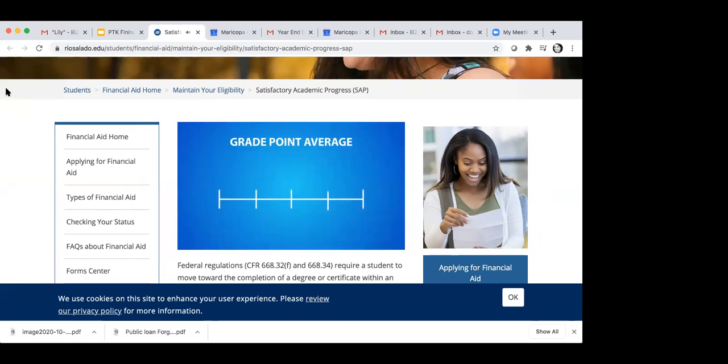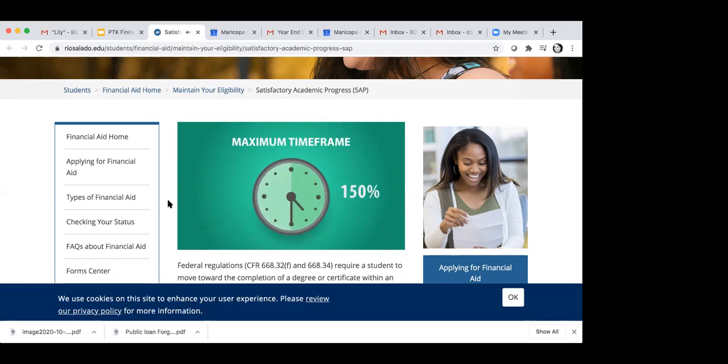Your grade point average is calculated based on a sliding scale, depending on the number of credits you take. You can get a 4.0 grade point average, a 3.0, and even a 2.0. But anything below a 2.0 could mean no cash, depending on your total attempted credits. Finally, to meet maximum time frame, you must declare a major and finish that program within 150% of the allotted time.